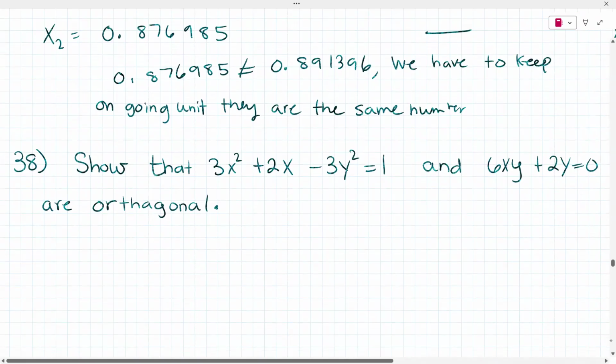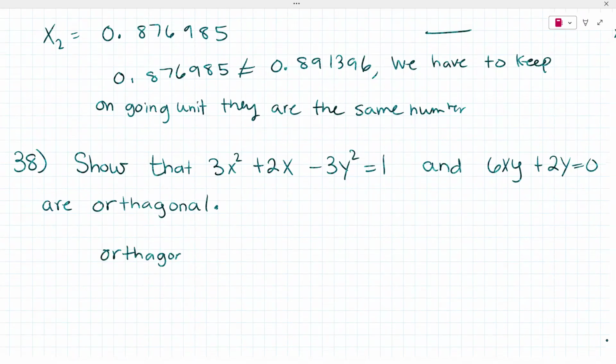38 says show that 3x squared plus 2x minus 3y squared equals 1 and 6xy plus 2y equals 0 are orthogonal. So what do you remember about orthogonal? It is perpendicular. So yeah, orthogonal means perpendicular or normal.